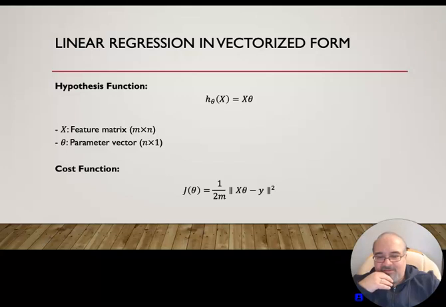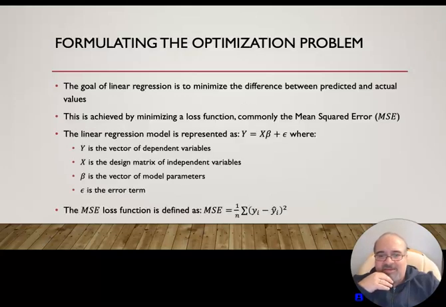All right. Let's see if we can get to some of the details of formulating this optimization problem now. We know that the goal of linear regression is to minimize the difference between the predicted values and the actual values. This is achieved by minimizing some loss function that we saw, commonly the mean squared error, the MSE.